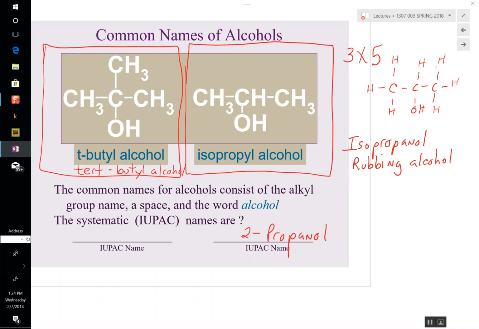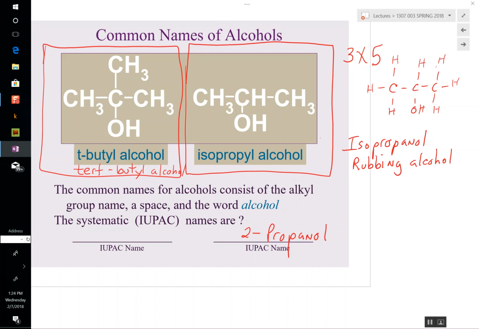So it could just use the word butanol or butyl alcohol. Tertiary. We're going to get into the words primary, secondary, and tertiary in just a minute. But this is a tertiary alcohol. And you'll see it come up on the slides.